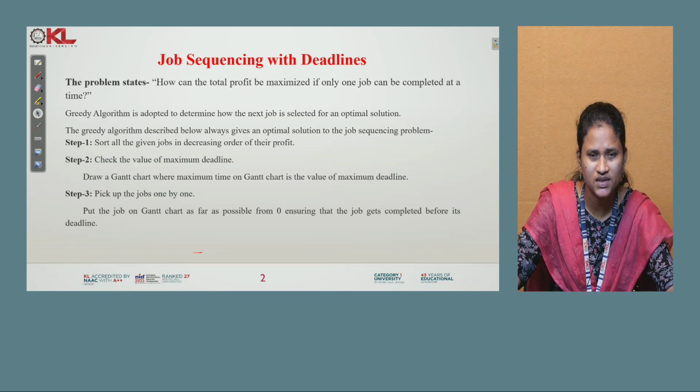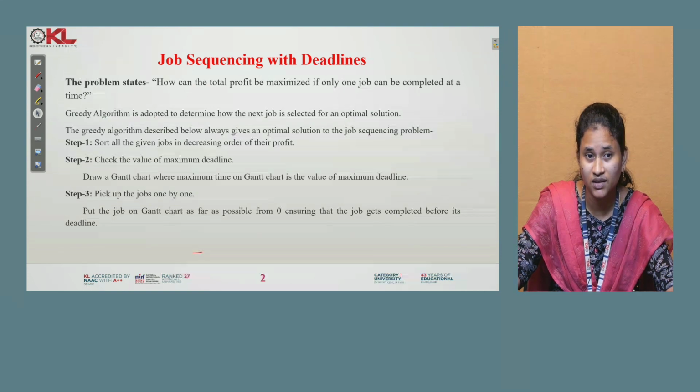In job sequencing with deadline, we have to get more profit; the total profit should be the maximum value. As I said, greedy method is an optimization problem. In optimization, we solve either with the minimum value or the maximum value.